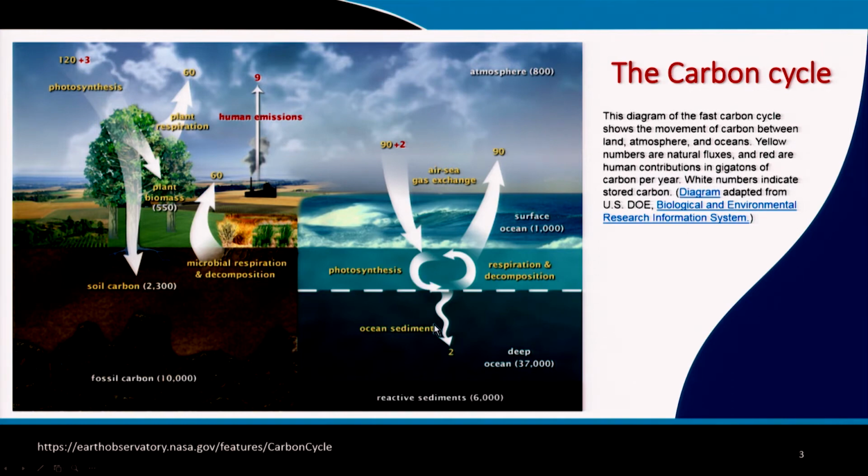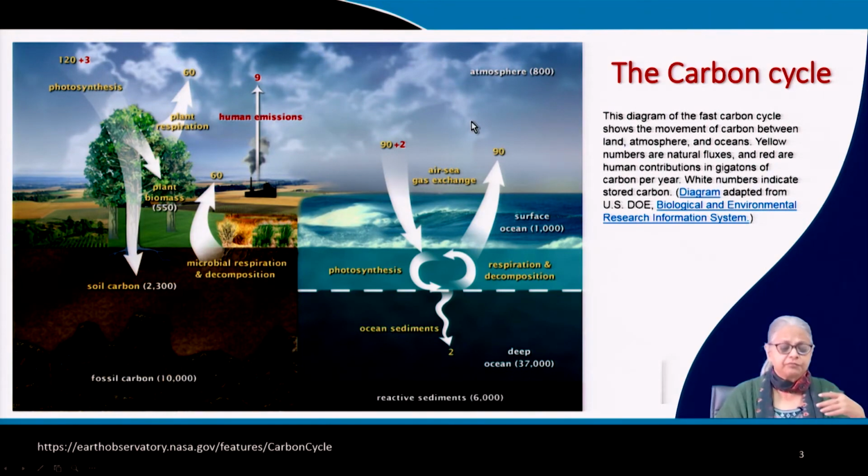Even though bacteria and algae grow in aquatic systems, this CO2 that is produced in water is also going to enter into the atmosphere because of air-sea gas exchange. That is governed by Henry's law, and that is beyond the anthropogenic emissions. That is the other biggest source of CO2 in the atmosphere.